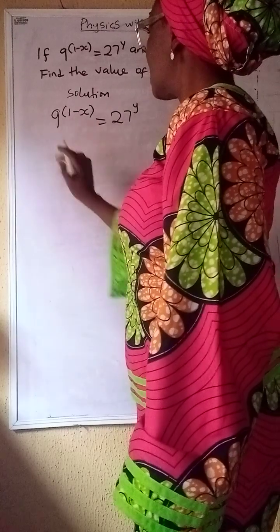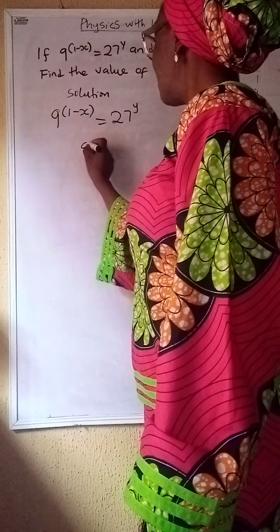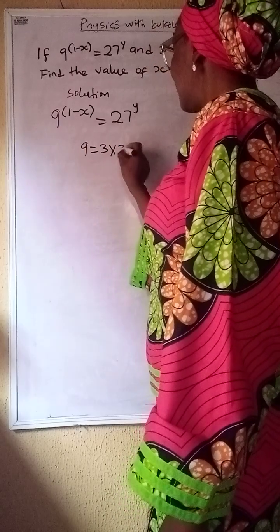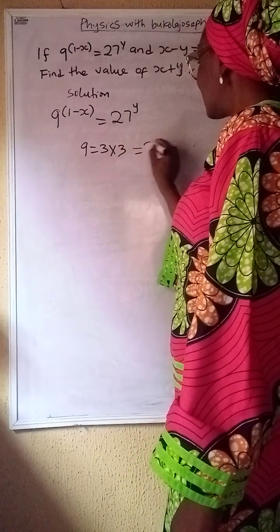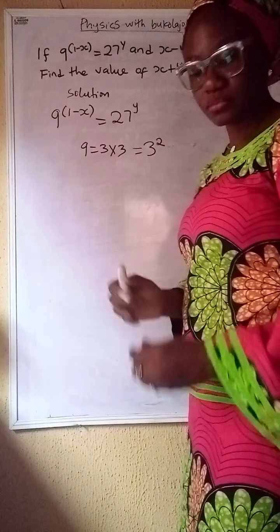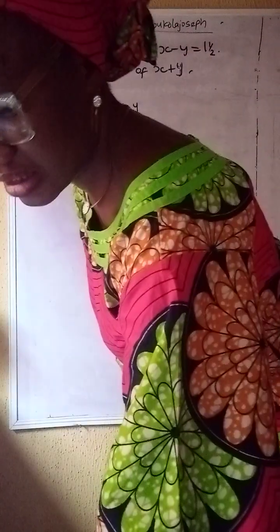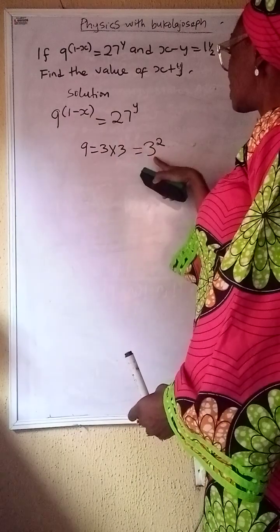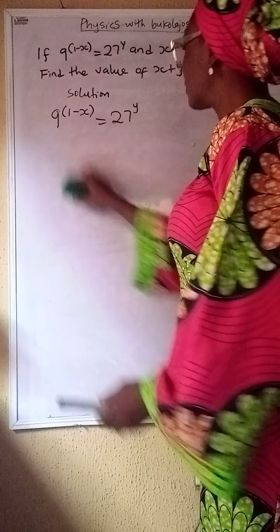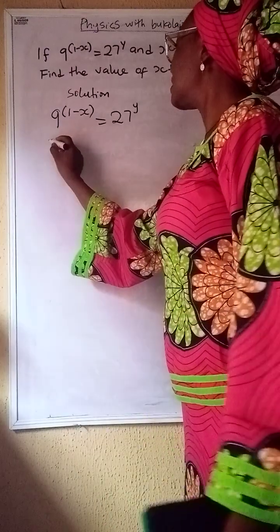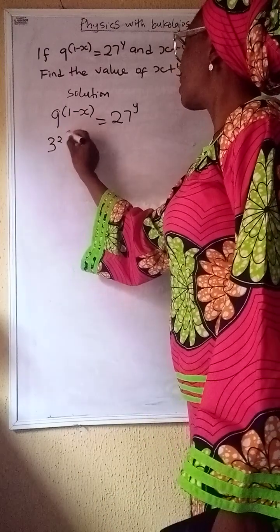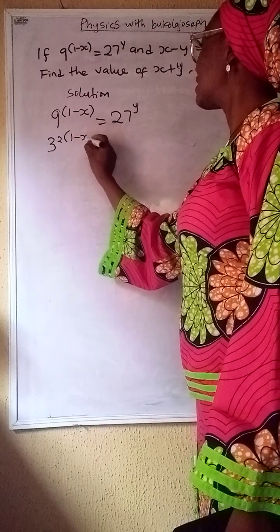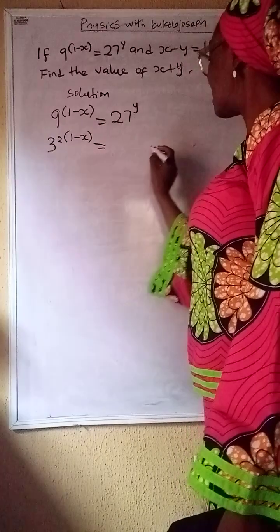So 9 is simply equal to 3 times 3, and 3 times 3 is equal to 3 raised to power 2. We are going to substitute this 9 with 3 raised to power 2, so we'll have 3 raised to power 2, open bracket, 1 minus x, is equal to 27.